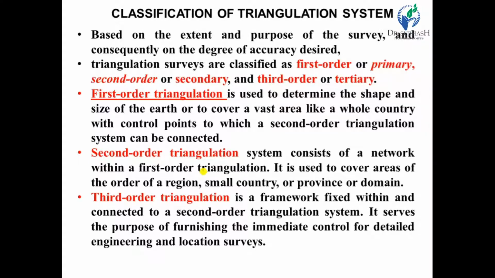The second order triangulation system consists of a network within the first order triangulation. It is used to cover the area of a region or small country. Third order triangulation is a framework fixed within and connected to a second order triangulation system. It serves the purpose of furnishing immediate control for detailed engineering and location surveys.